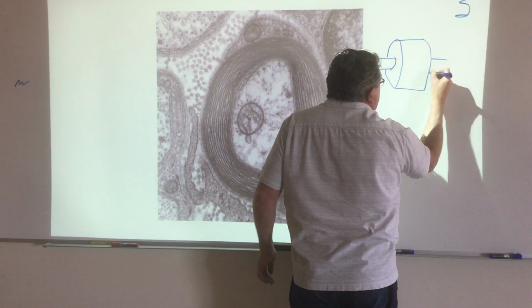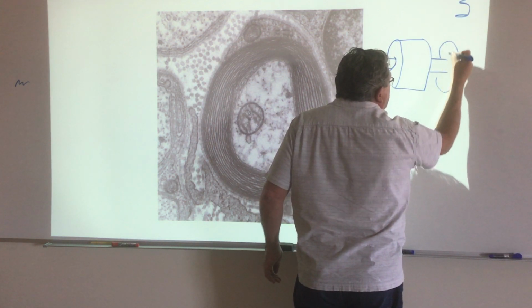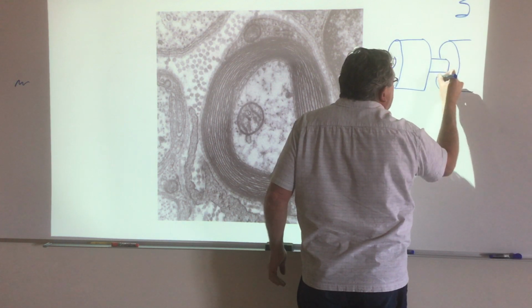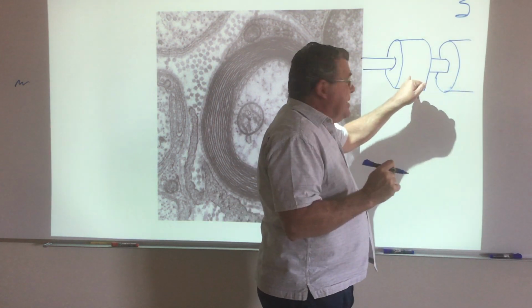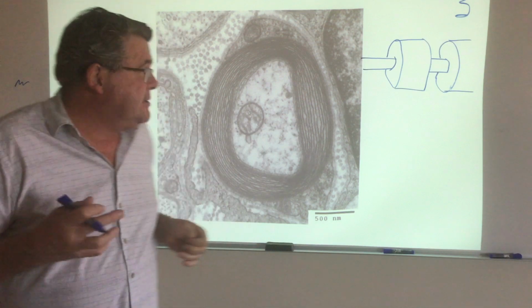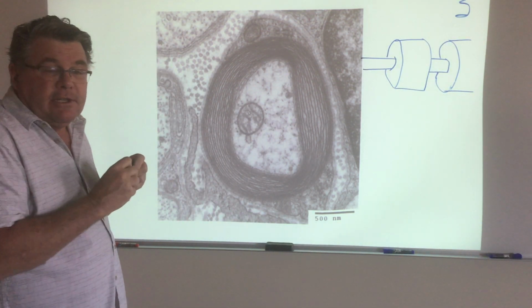Now, myelin wraps like this. So here's a myelin sheath, here's a myelin sheath. These are all Schwann cell derived, well, depending on which system you're in.